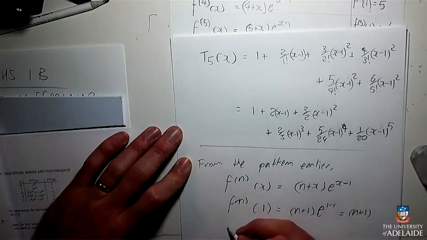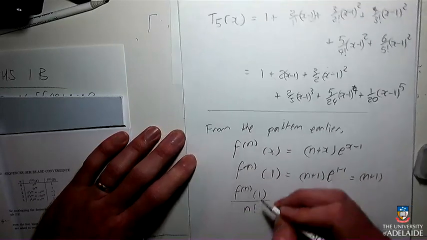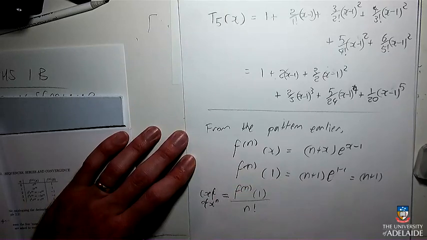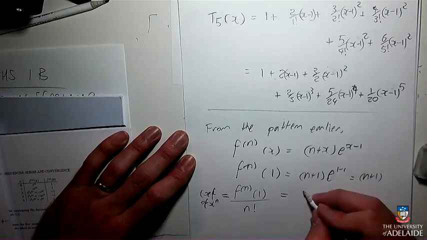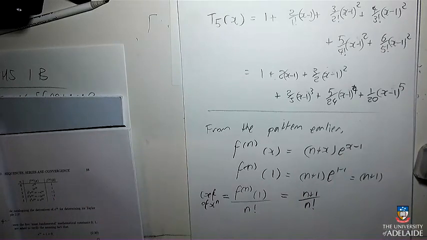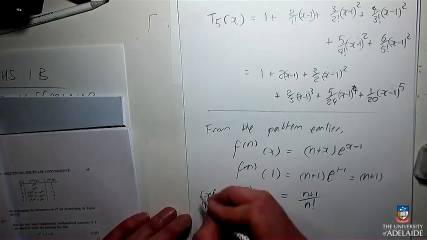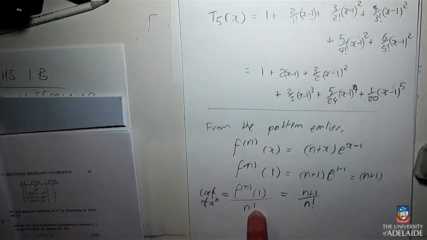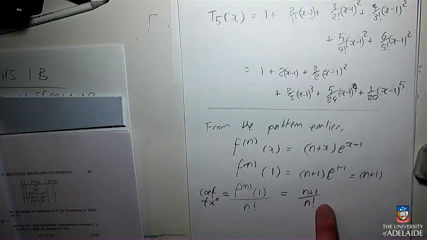And so therefore the coefficient of x to the n is n plus 1 on n factorial. So the coefficient of x to the n in my Taylor series must be fn at the centre divided by n factorial, and fn at the centre was n plus 1, so I sub that in.